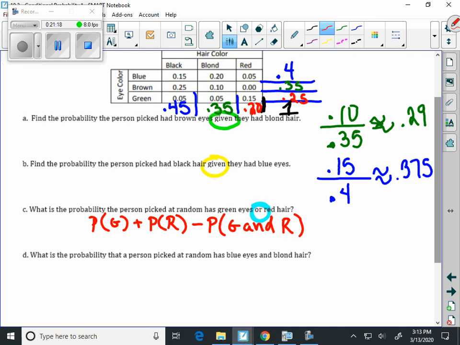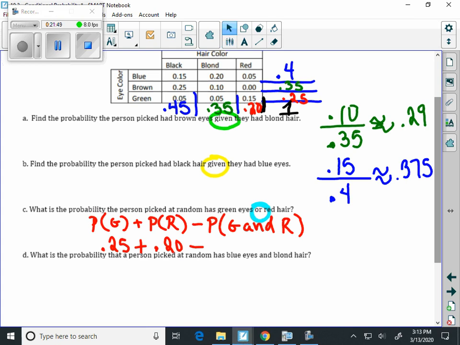And the probability that a person has green, let me read it again. The probability that the person picked has green eyes. So the probability that a person picked has green eyes is 0.25. And the probability that the person has red hair, my writing's not very good, but it's 0.2. And we're going to take away, remember we double count with those ors, the probability that the person has green eyes and red hair.